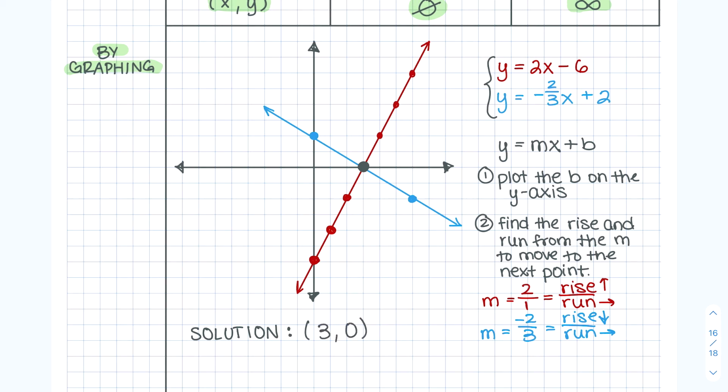So my solution is 3, 0. Okay? And that's it. All right, the next thing we're going to do is work on solving systems by algebra.